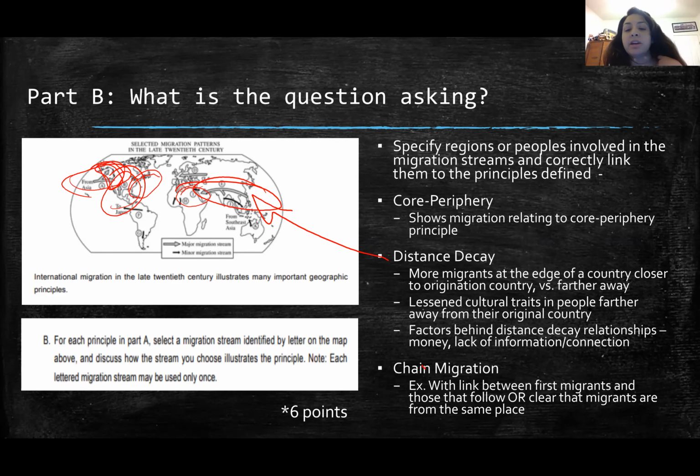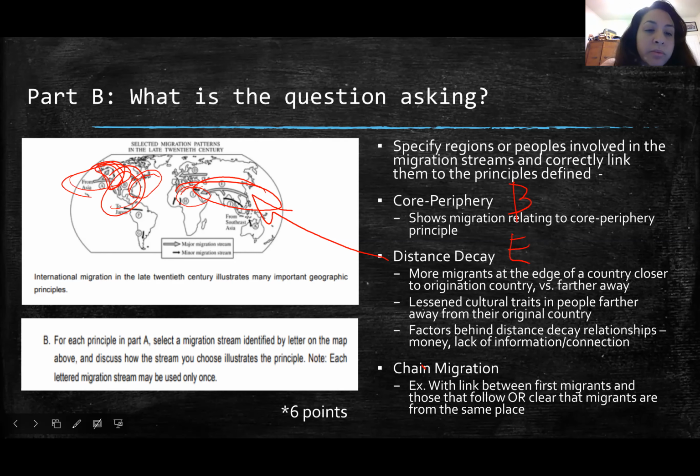Then you have chain migration. So if you use letter E here and you use letter B up here, then you can't use those for chain migration. For chain migration, you can make sure that you have a link between the first migrants and those that followed.